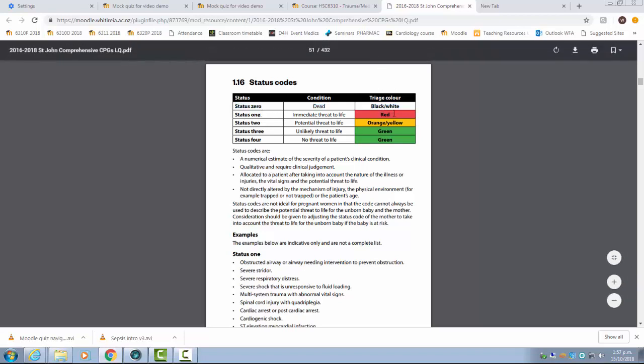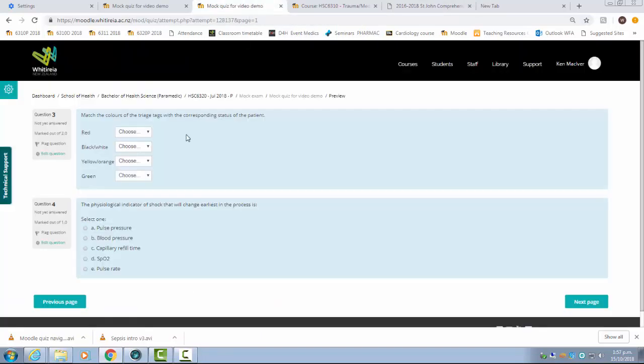Status 1 is red, status 2 is orange, yellow, status 3 and 4 are both green. So that information, as long as I'm familiar with the guidelines, is readily available to me. So I'll click back to my quiz, and red, we decided that was status 1, black, white, status 0, yellow, orange, status 2, and green tag is status 3 and status 4.